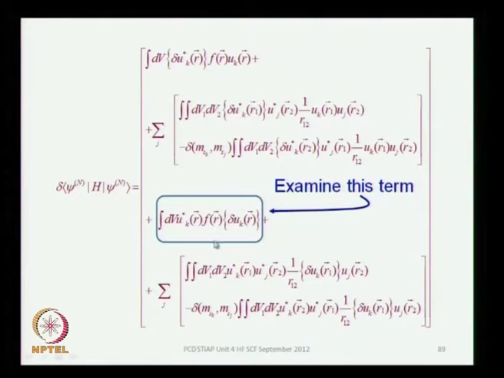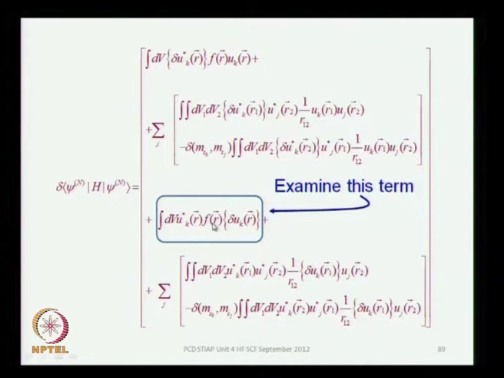Now, let us see if we can simplify this in some way. What is it that this leads us to? But we also have to include the terms coming from the constraints. So, some simplification is possible if you just examine this term. Now, look at this term.